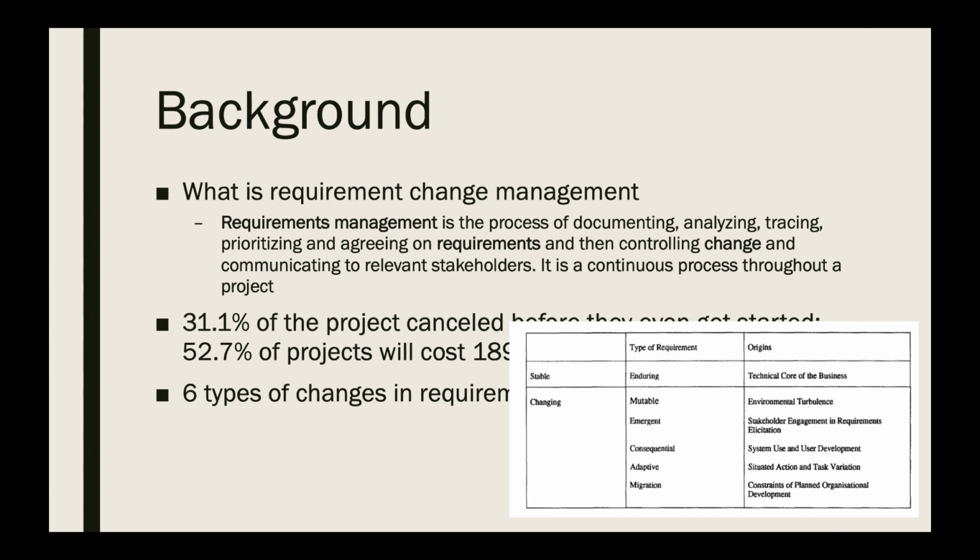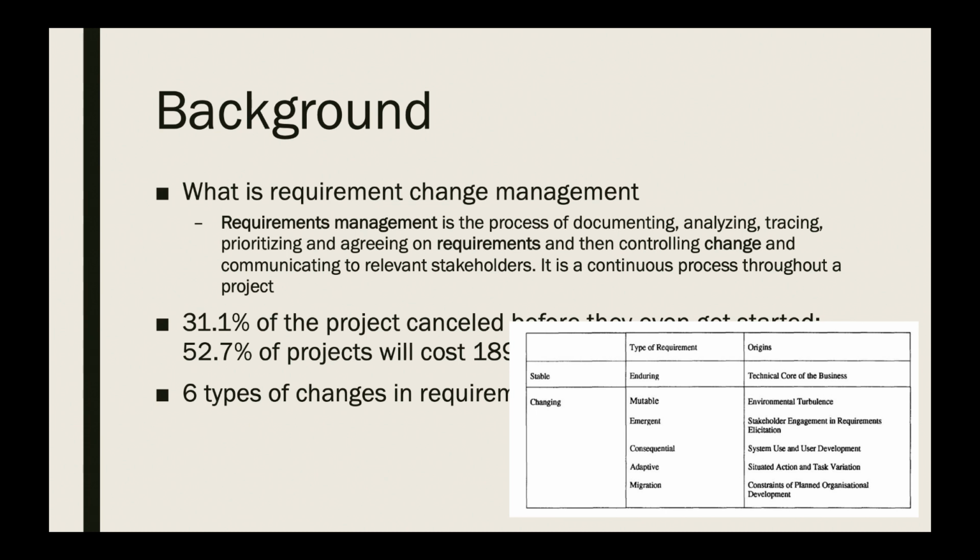The first one is the enduring requirement, which belongs to the stable requirement, the basic requirement all organizations use as their basic technique core. And the rest 5 types under changing requirements are mutable requirement, emergent requirement, consequential requirement, adaptive requirement, and migration requirement.